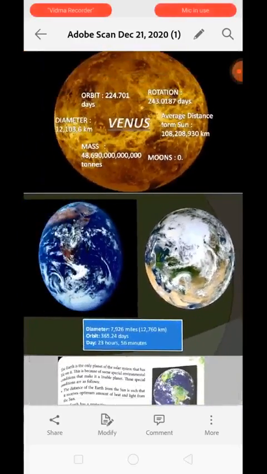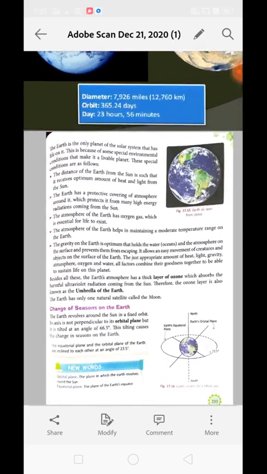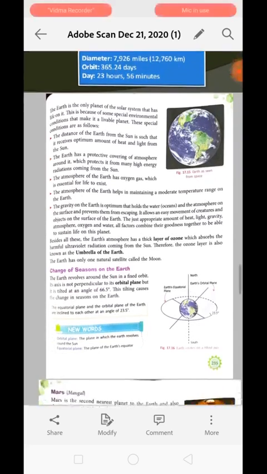About Earth, we have learned that Earth has life because of several factors which are only present on the Earth. Its distance from the sun is optimum, so it can receive optimum sunlight and heat. Earth has water and an atmosphere. Earth also has a layer of ozone in the outermost region of the atmosphere, which absorbs solar radiation and filters the sun rays before they enter the earth's atmosphere.